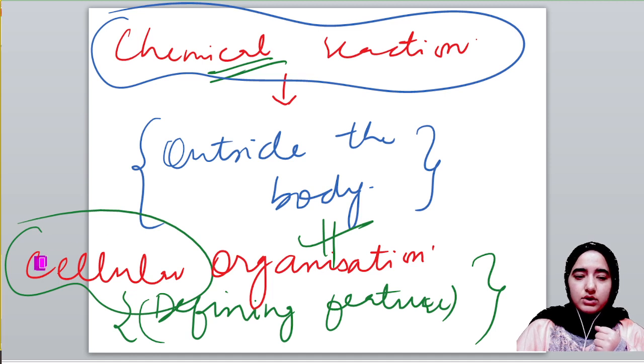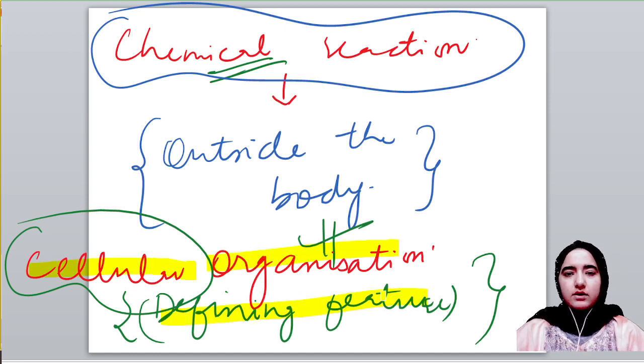It is cellular organization. I hope you come to know about the distinction between characteristic feature and defining feature. And in this lecture you learnt which features of living organisms are characteristic and which are defining features.